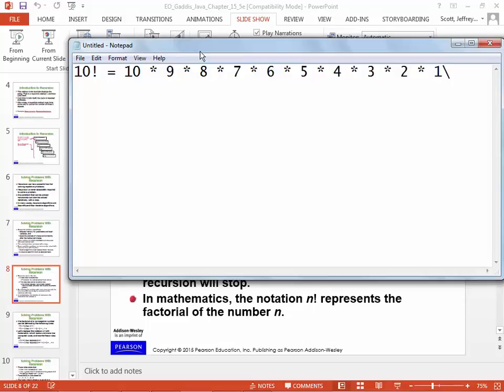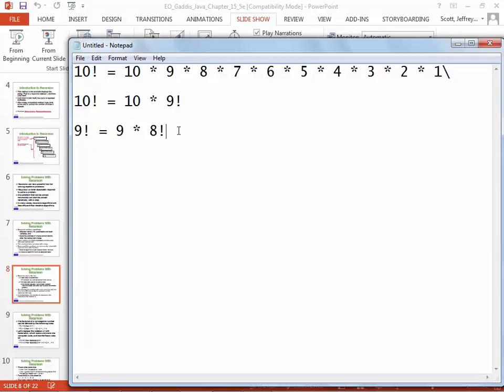But when you look at it, 10 factorial is also equal to 10 times 9 factorial. And 9 factorial is equal to 9 times 8 factorial. Hopefully you can see where we're going here. But just in case, I'm going to go down most of the way here anyway.